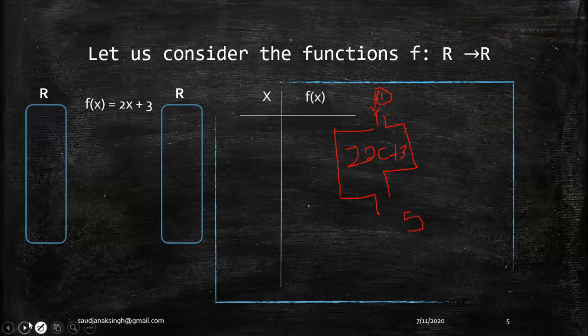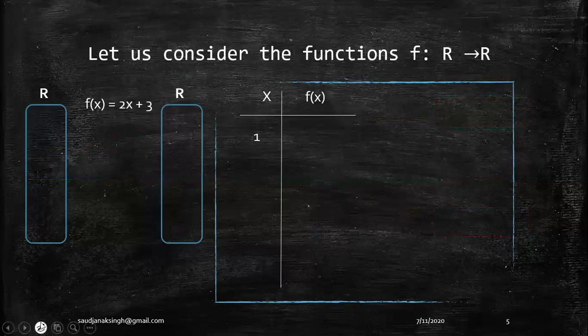The function value is calculated this way. If the input is normally denoted by x, then the functional value of 1 is f of 1 equal to 2 into 1 plus 3 equal to 5.